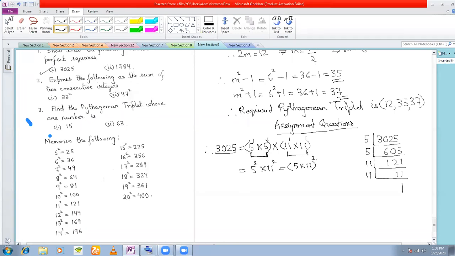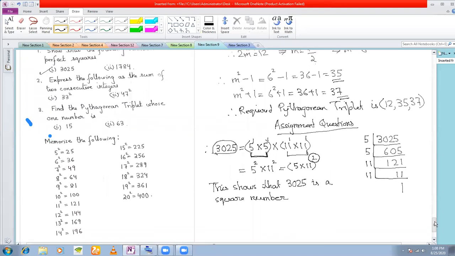So this shows that 3025 is a square number or a perfect square. How to find out the square root we'll see later. But now we can say that this is a square number.